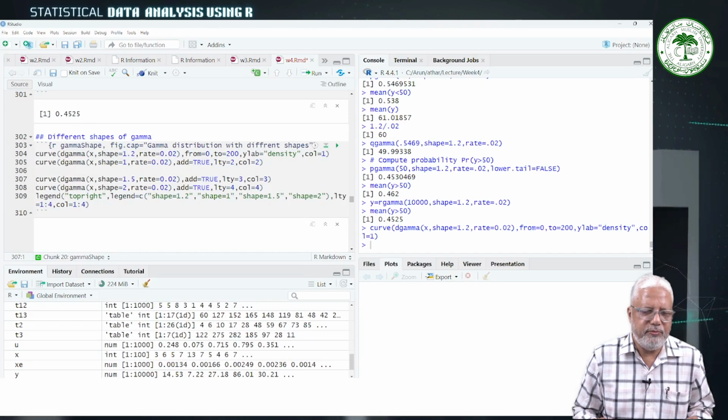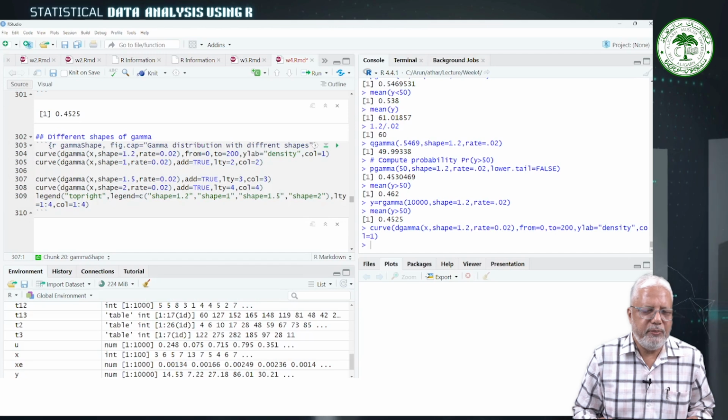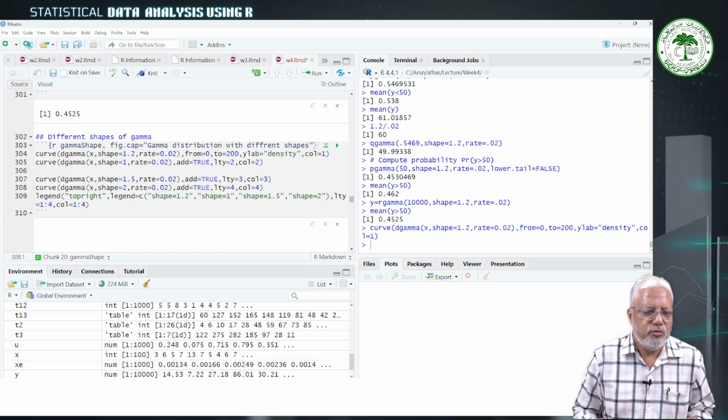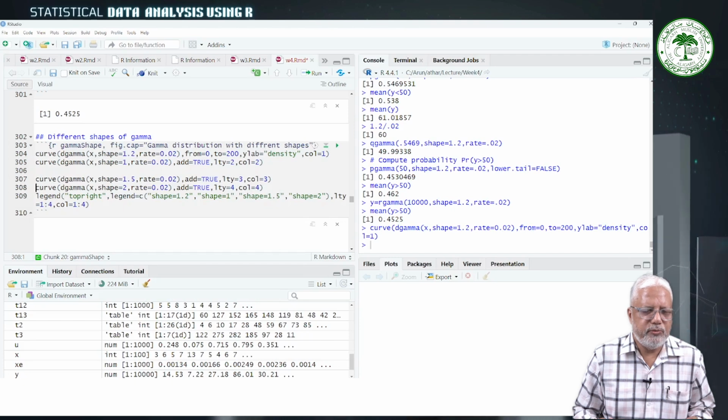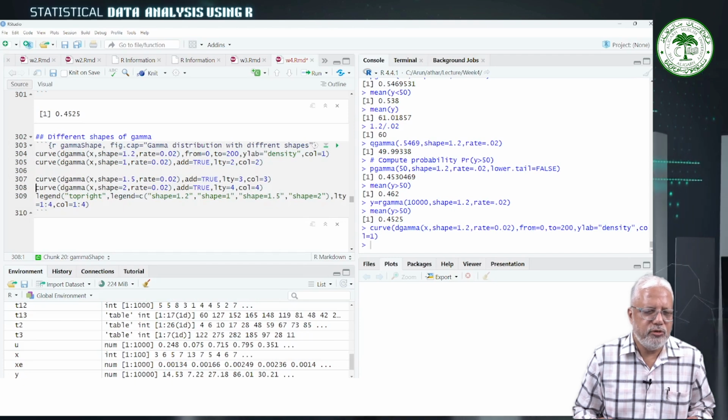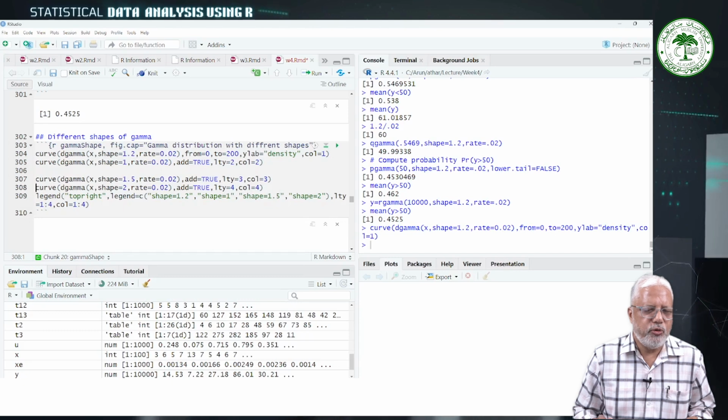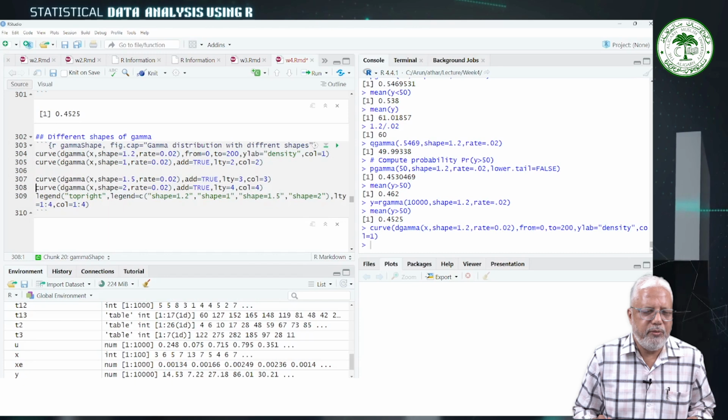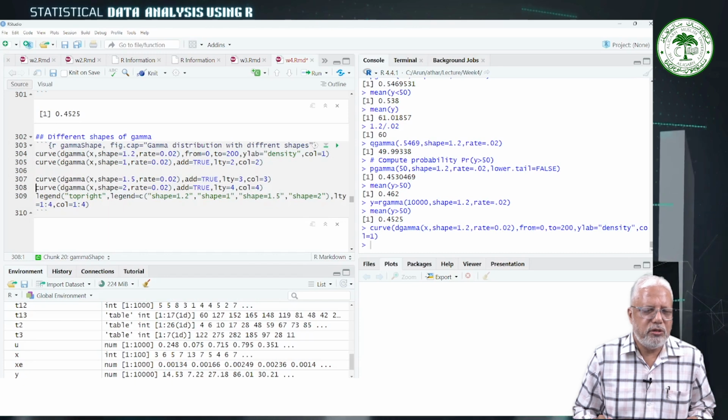So see what happens, and if shape is equal to 2, see it becomes almost symmetric. As the value of the shape parameter is increases, the distribution goes from skewed to symmetric.